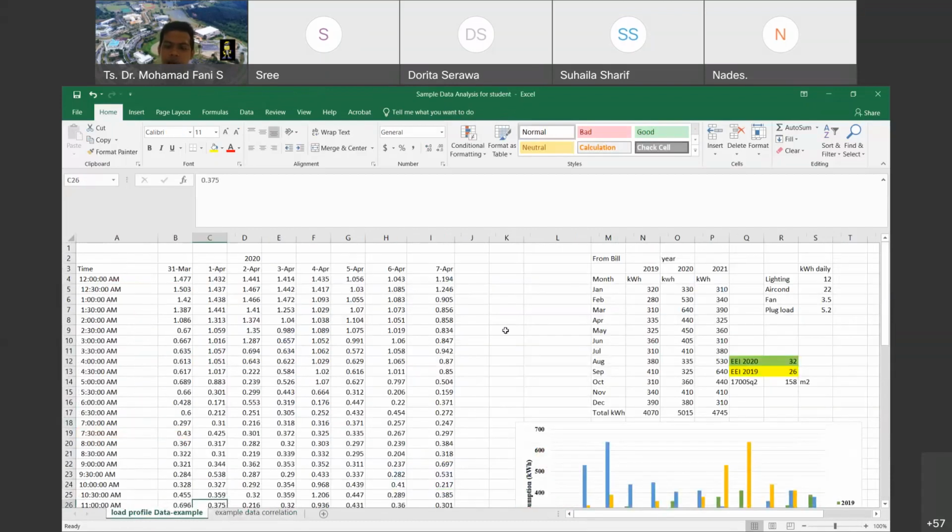I have shared this Excel in Ulearn. You can refer to Ulearn week 8. I have uploaded these two types of example data analysis for the energy audit in Ulearn.